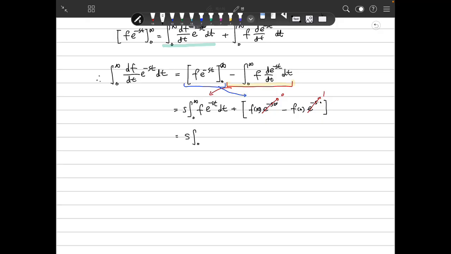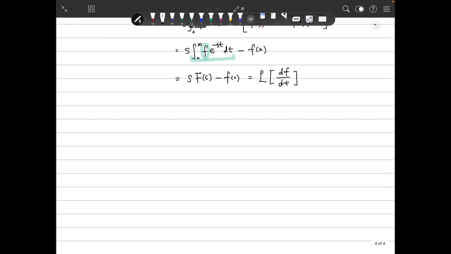So there will be s times the integral of f exponential minus st dt minus f(0). Then what is this? This is the definition of the Laplace transform, the Laplace transform of f. So we can rewrite it as s F(s) minus f(0). So this is the Laplace of d/dt f.